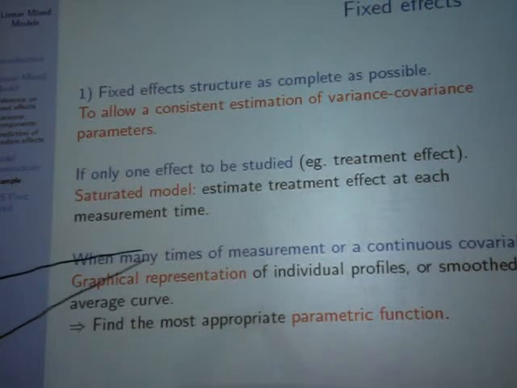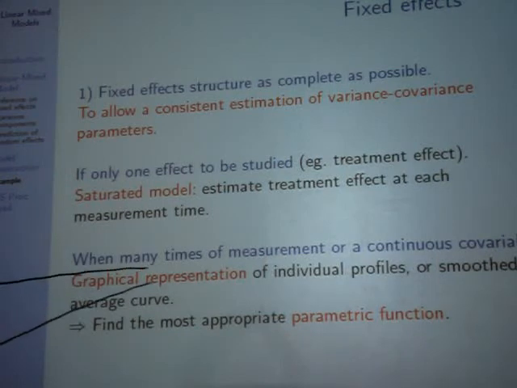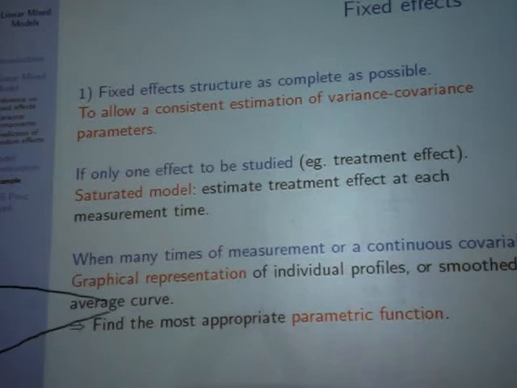But if you have many times of measurement, or if you have a continuous covariable, then you will have to use a graphical representation of the individual profiles or a smooth average curve, and you will have to try to find some appropriate parametric function to model this average curve.